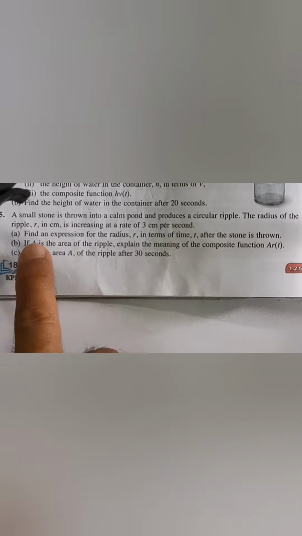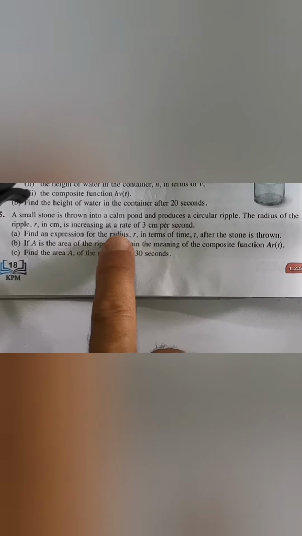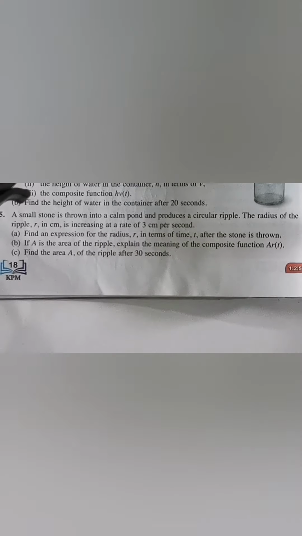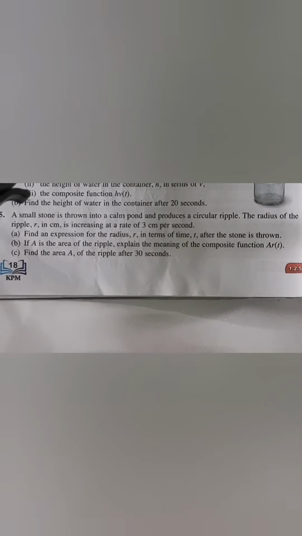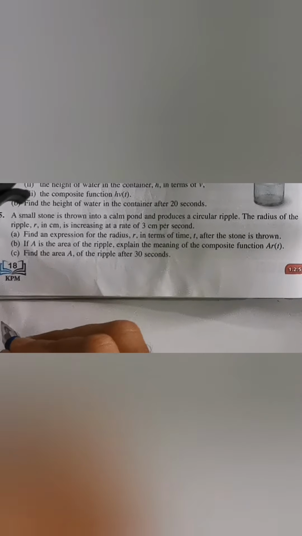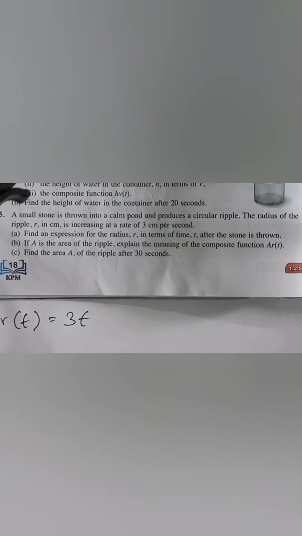Because the radius is increasing at the rate of 3 centimeters per second, it depends on the time. So the expression will be r(t) equals 3t. If t equals 1, we get 3. If t is 2, it enlarges to 6. So that is question A.